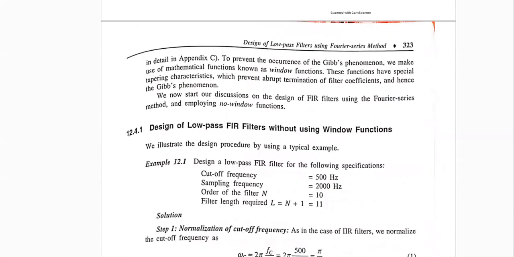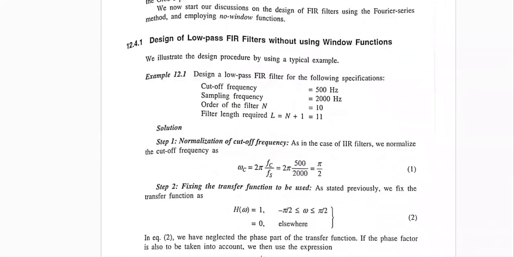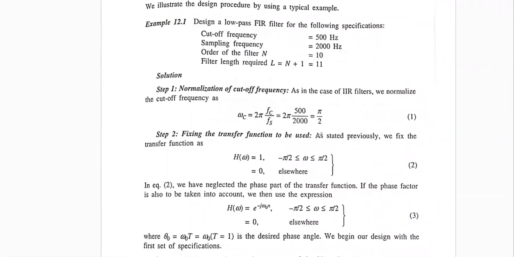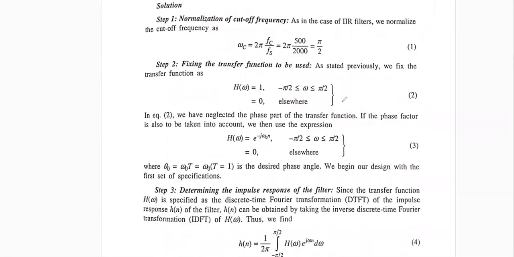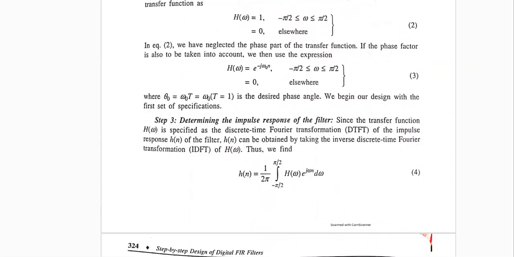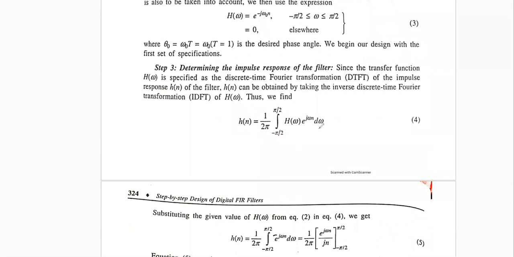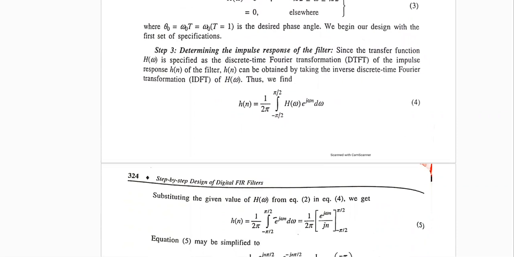So if you understand this process, let me just repeat the steps, very easy in a sense. First of all, definitions are given. Step number 1, you need to find omega c. Step number 2, you need to define your filter transfer function by using the inverse Fourier transform equation. You need to find Hn in the time domain.